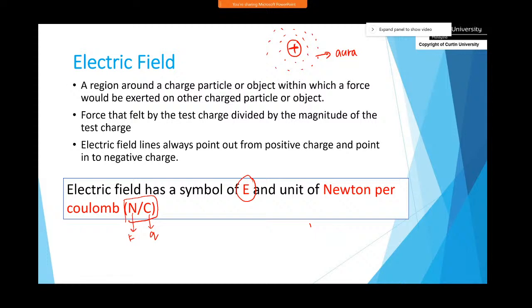So electric field is just like the aura of the charge. Okay, so as long as something is charged, there will be an aura, there will be an electric field around the charge. Okay, so this electric field can be felt by another test charge.